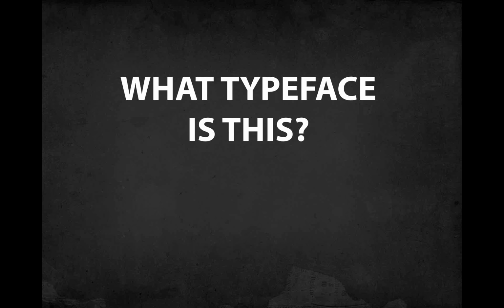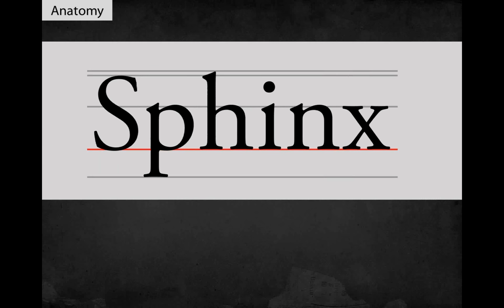So just to become more aware of different typefaces, I want to show you the anatomy of a typeface. There are so many little parts to those people who create typefaces or study them. I've read a book once by someone who had a master's degree in typography. I'm just going to show you a few parts of a typeface so that you can begin to become more aware of them. The bottom line is called the baseline.